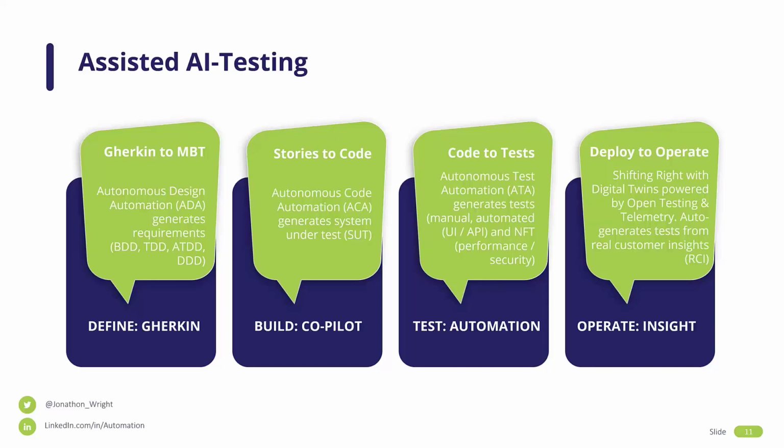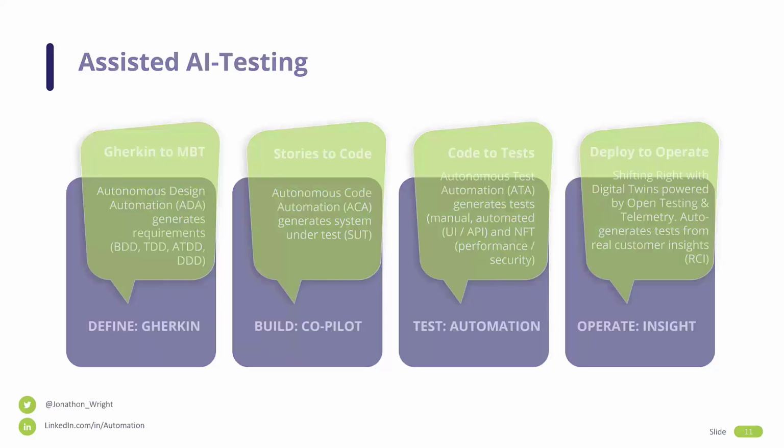So now it does all the testing, and then it deploys it into production, and then, back to the shift-right viewpoint, it takes all of that learning from operational testing and pulls that back into refining the models. And this infinite loop, in essence, is fully autonomous, but in our case, we're going to say it's assisted.